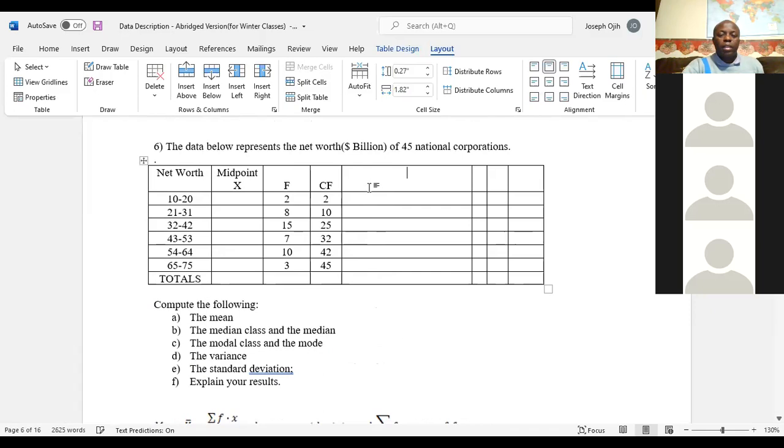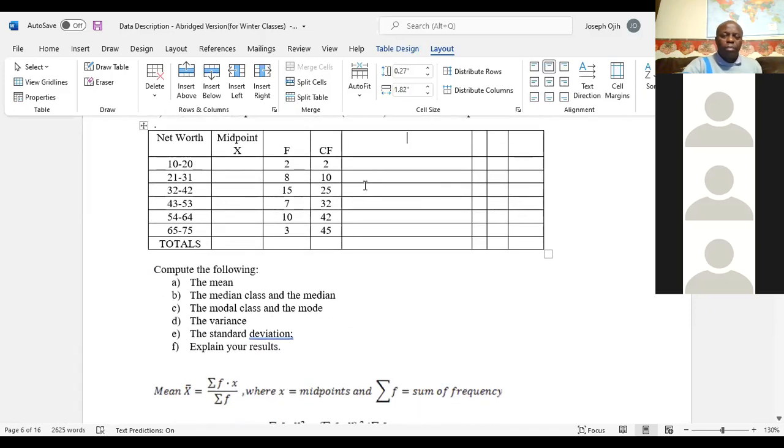So I'm gonna put them here. Okay. Next thing is the f times x. So now we're gonna get x squared.